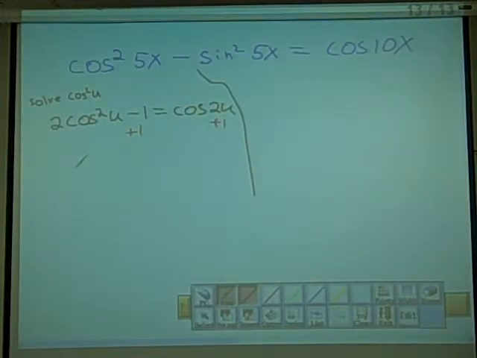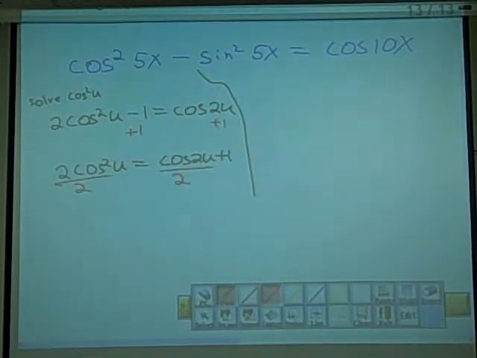So that means we have 2 cosine squared u equals cosine 2u plus 1. And now we want to divide by 2. We're going to divide both sides by 2, and we get cosine squared u equals cosine 2u plus 1 over 2.